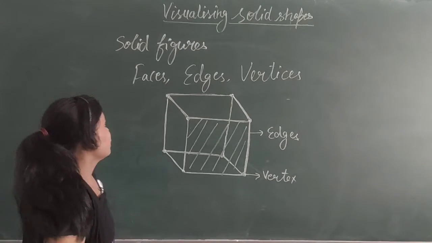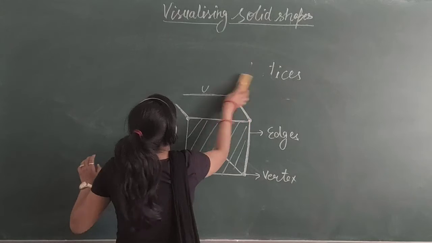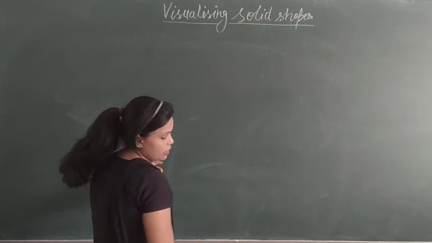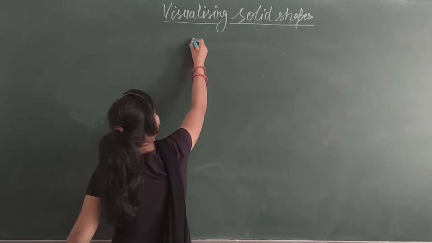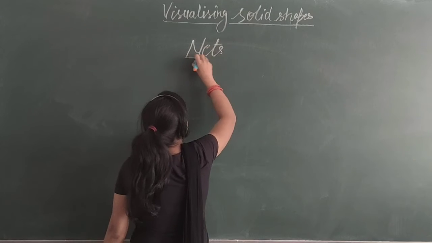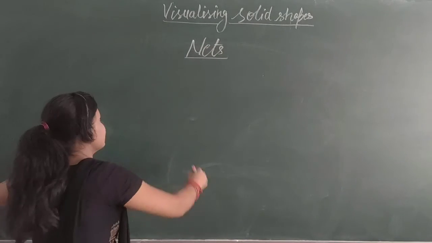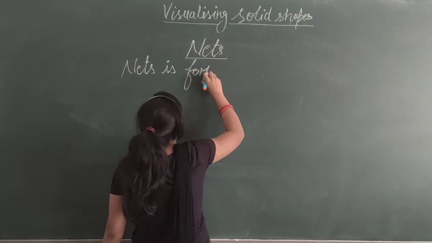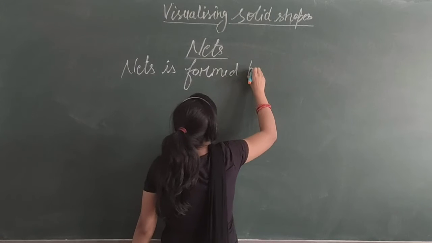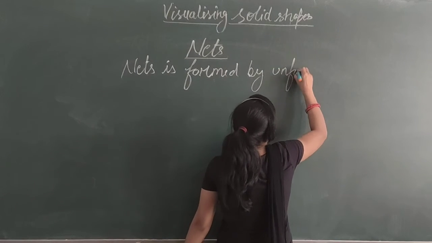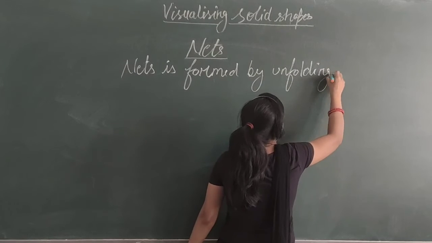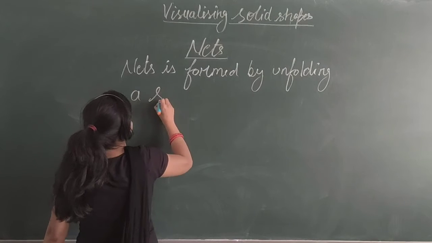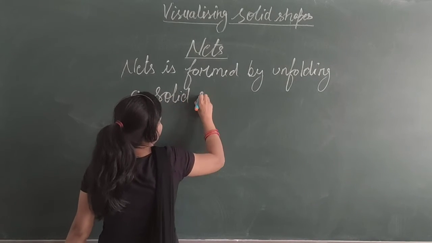Okay, now coming to the next topic of this chapter. What is next? Net is formed by unfolding a solid figure.